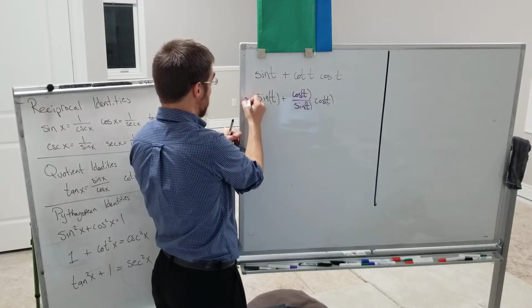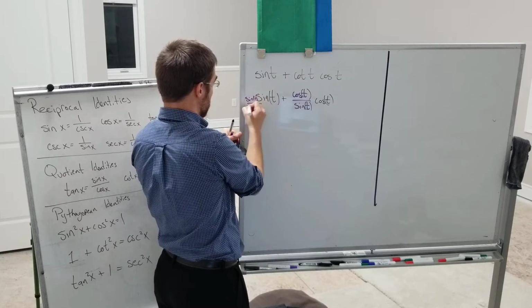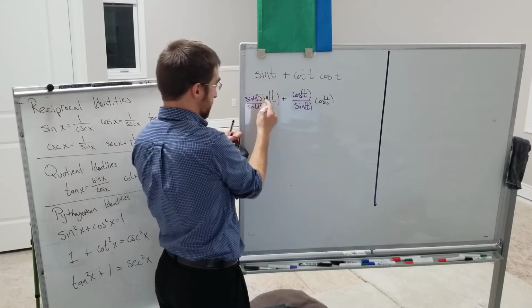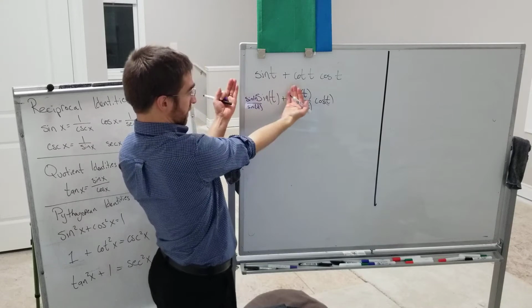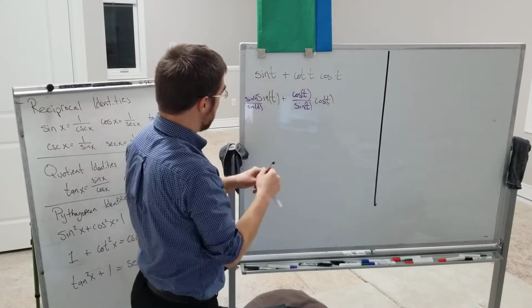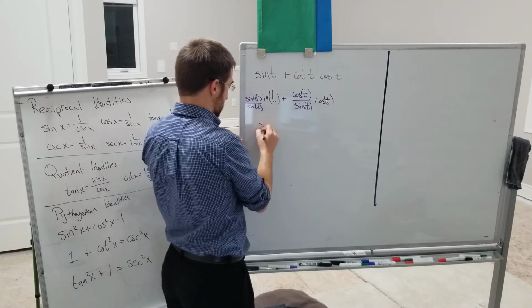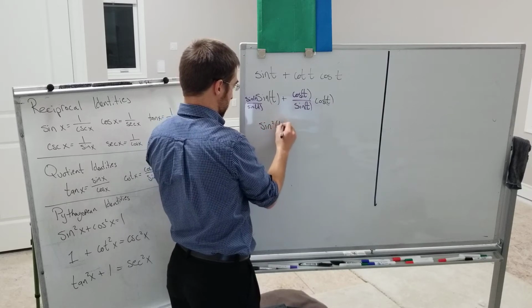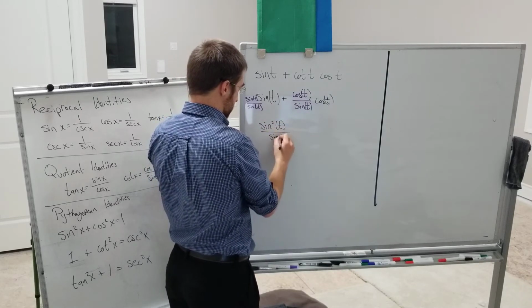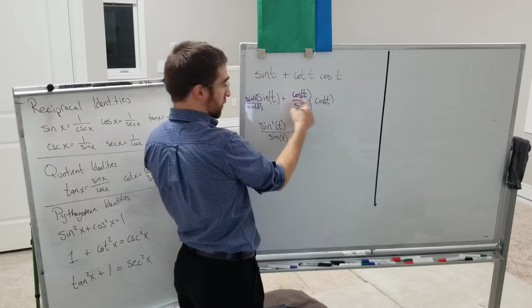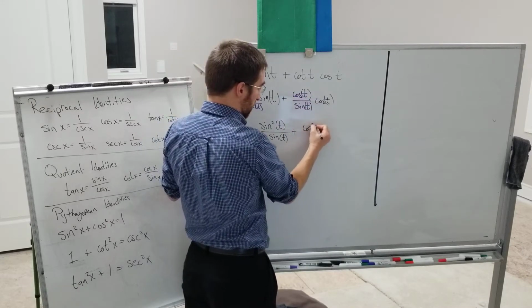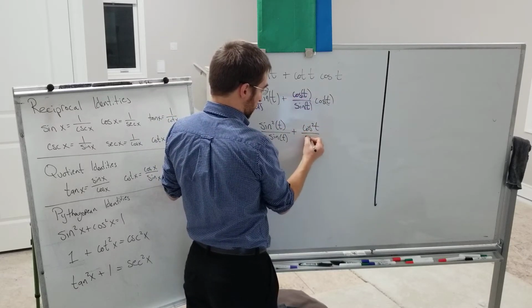So I'm going to multiply by sine of t over sine of t on this sine of t term, which is going to give me sine squared t over sine t plus cosine times cosine gives me cosine squared t over sine t.